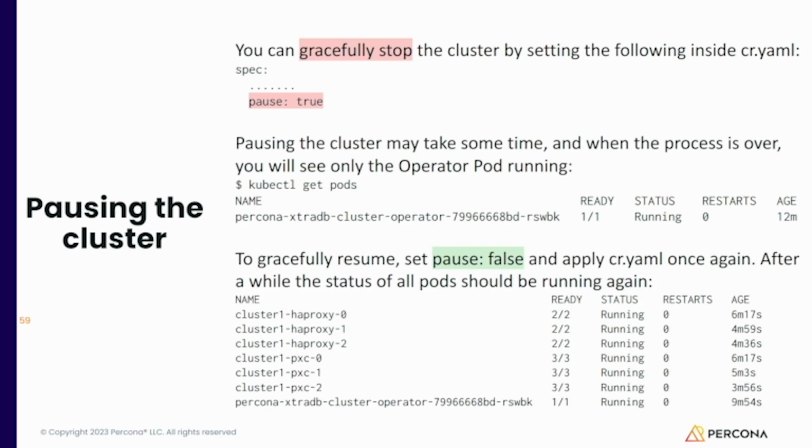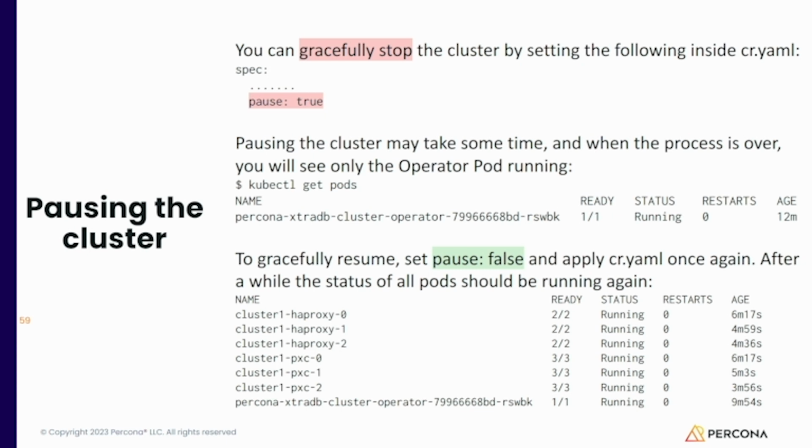Some other maintenance operation you eventually might need to do is gracefully stopping the entire cluster. You can do that easily with one flag called pause. After you pause the cluster and you apply the configuration, all the nodes will be gracefully stopped until at some point only the operator pod will be running.